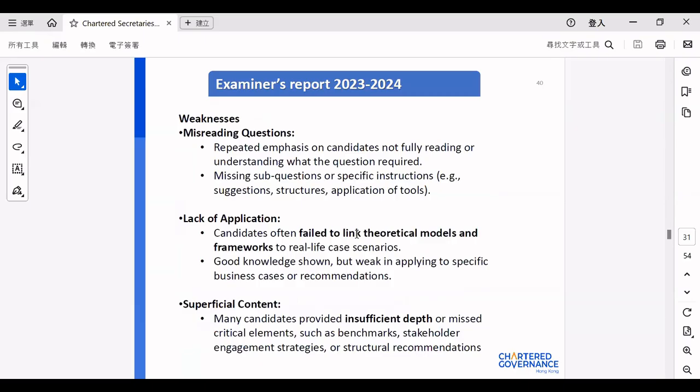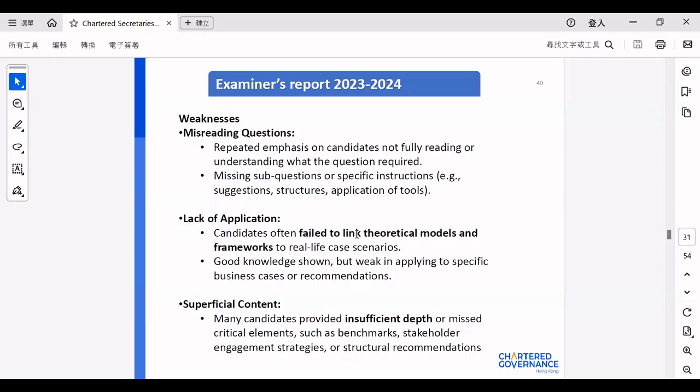So these are what the examiner expects from you, and you can see from here that these are the comments. Let's look at it. Misreading questions, repeated emphasis on candidates not fully reading or understanding what the question required, missing sub-questions or specific instructions, suggestions, structures, application of tools.